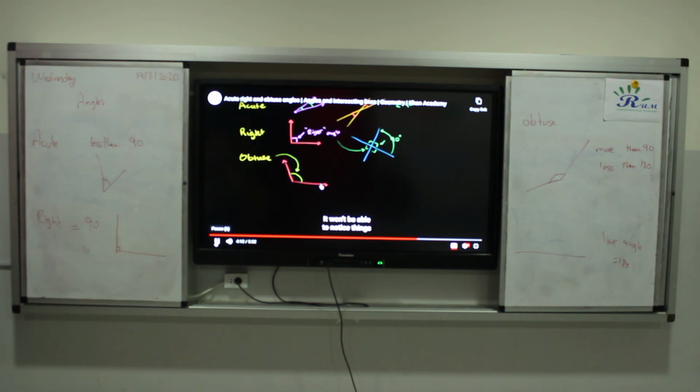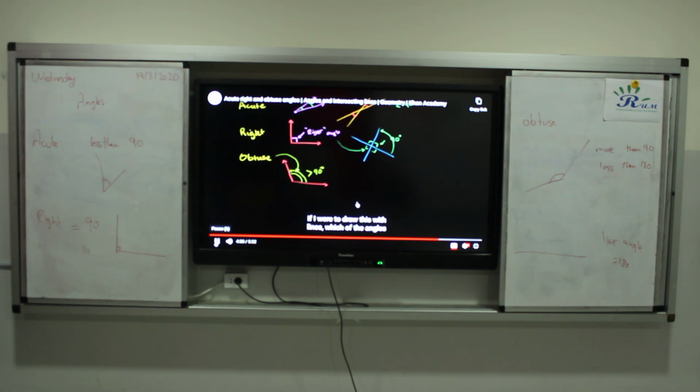It won't be able to notice things that are small, though maybe that's not an appropriate analogy. But one way to think about it, it's opened up wider, or it's bigger than a right angle. It's larger than 90 degrees, if you measure it. You would have to rotate this ray more to get to this other ray than you would if they were right angles, and definitely a lot more than if they were acute angles.